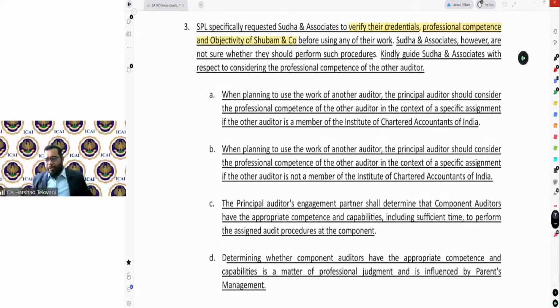I'll explain why the other options are correct. I'm not able to get your name, Mr. G. It's coming half. Mr. G, I suggest you rewrite your name because it's not coming fully. But your answer, yes, good, good.